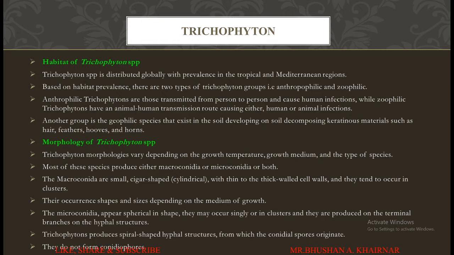If you see the trichophyton, it is generally distributed globally with prevalence in the tropical and Mediterranean regions. Based on the habitat prevalence, there are two types of trichophytons called anthropophilic and zoophilic. Anthropophilic trichophytons are those transmitted person to person and cause infection to humans, whereas zoophilic trichophytons have an animal-human transmission route causing either human or animal infection.